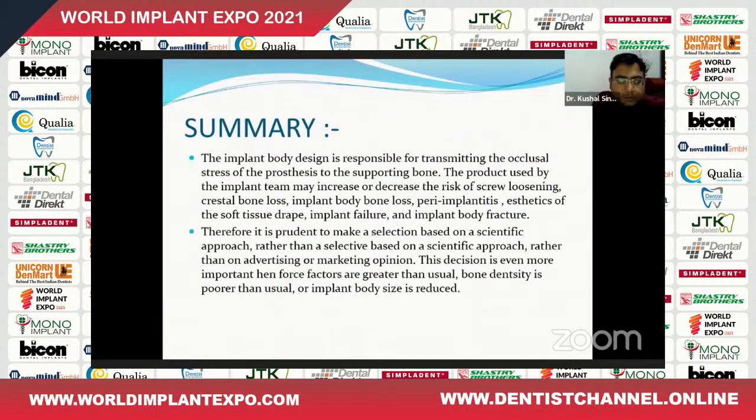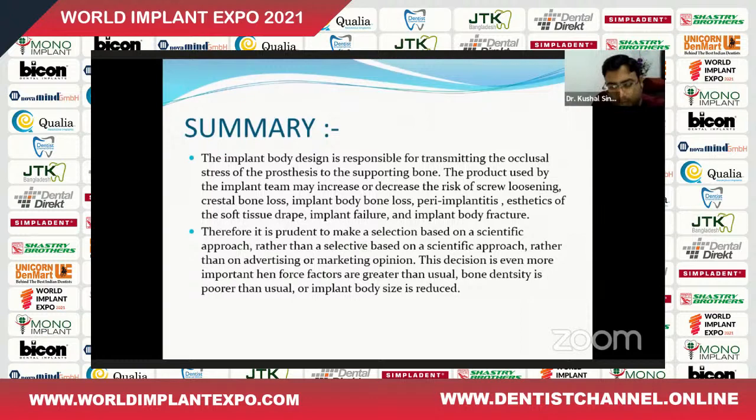Now the next slide. Now we'll talk about the summary of what we have learned. The implant body design is responsible for transmitting the occlusal stress of the prosthesis to the supporting bone. The product used by the implant team may increase or decrease the risk of screw loosening, crestal bone loss, implant body loss or peri-implantitis, aesthetics of the soft tissue drape, implant failure, and implant body fracture.